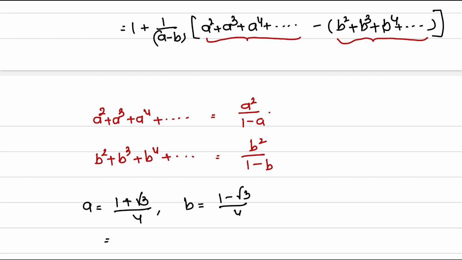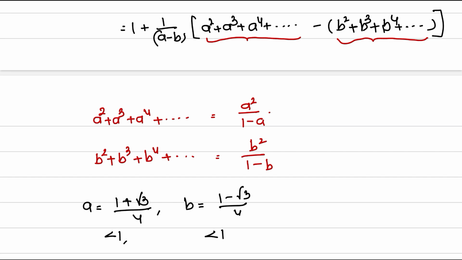This is equal to (1 plus 1.732) by 4, that means 2.732 by 4, that is less than 1. b is also less than 1: (1 minus root 3) by 4. Root 3 is 1.732, 1 plus 1.732 is 2.732, and 2.732 by 4 is always less than 1. It's less than 1.